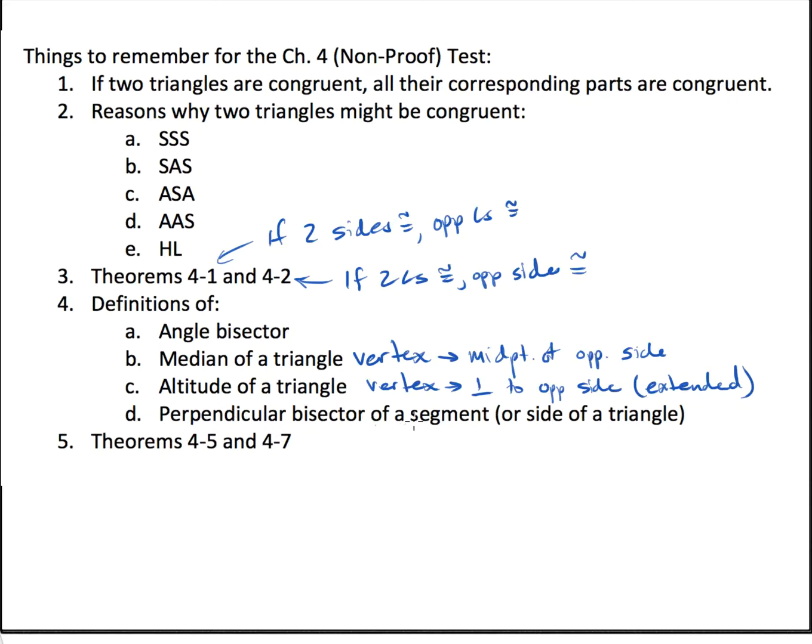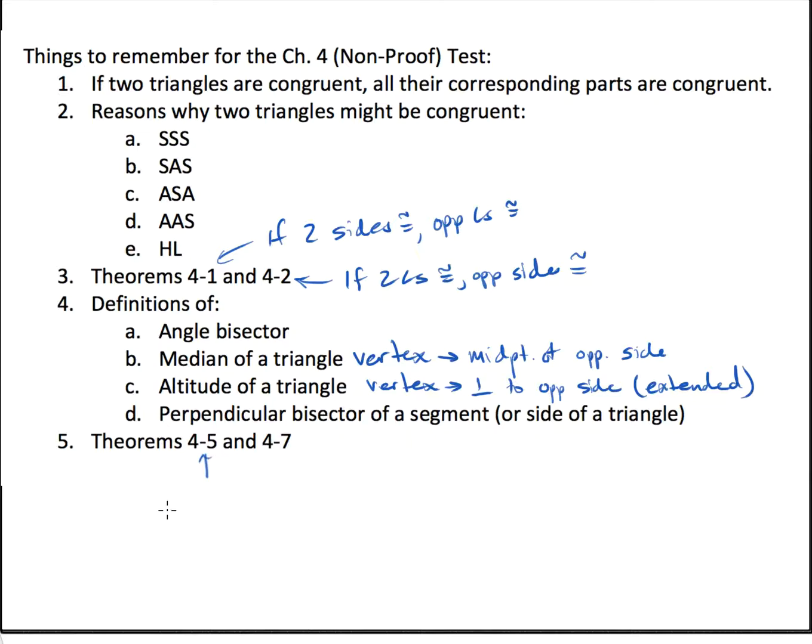And then the perpendicular bisector of a segment, which does both the things that it says there. It's perpendicular to a segment and it bisects, right? That's why it's called the perpendicular bisector. And then theorems 4-5 and 4-7 dealt with angle bisectors and perpendicular bisectors.